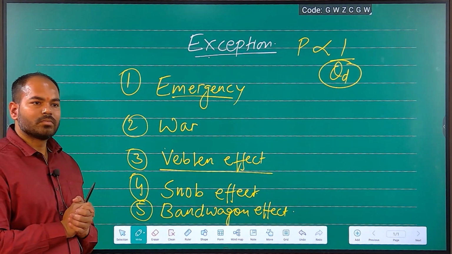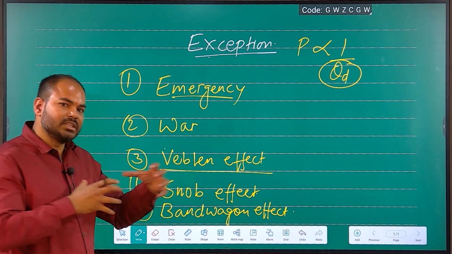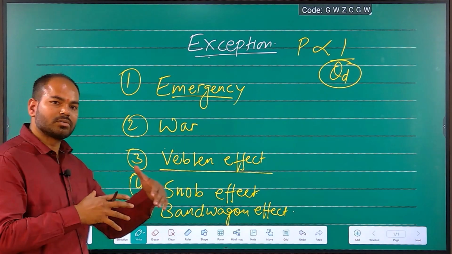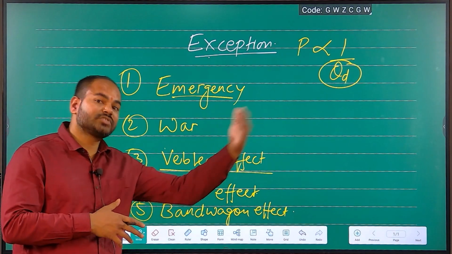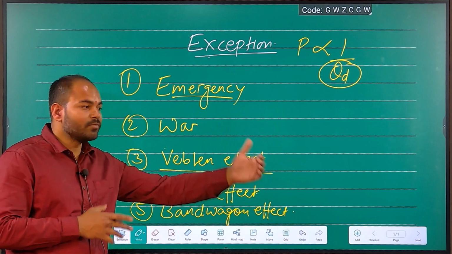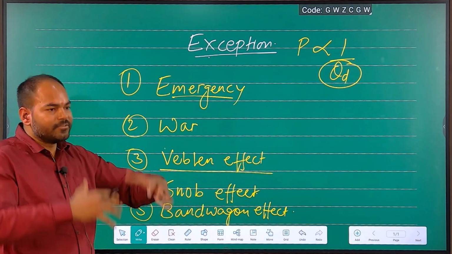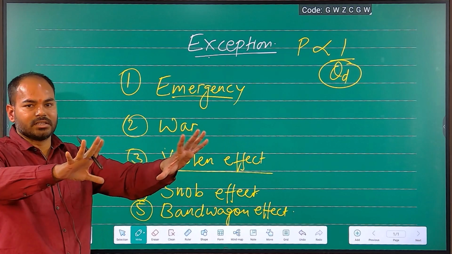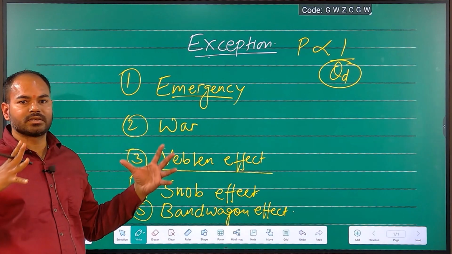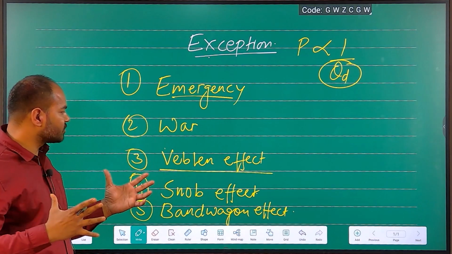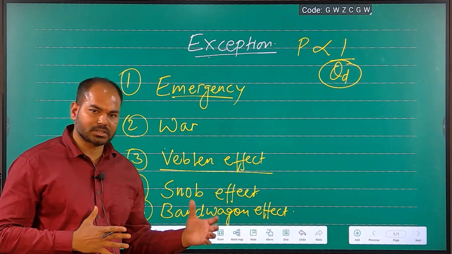So buyers of these kinds of precious items do not demand because of a change in price. They want to differentiate themselves from the society. They want to showcase their richness, and because of that they demand these products.